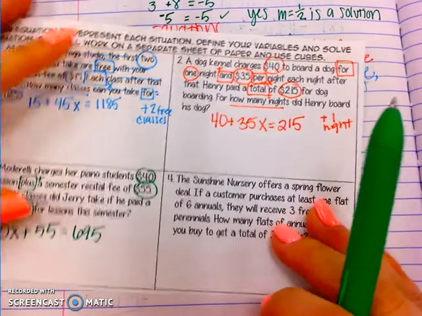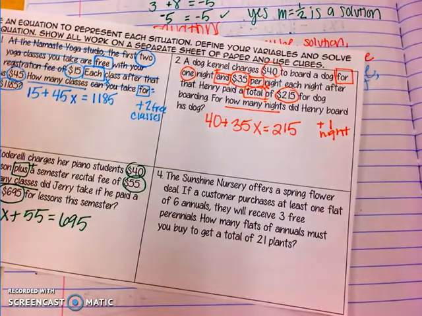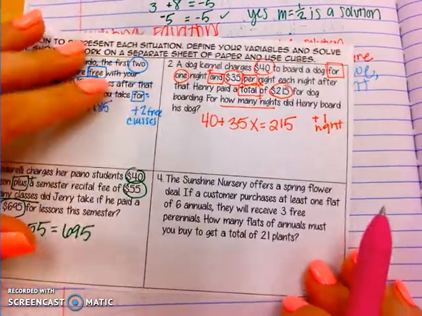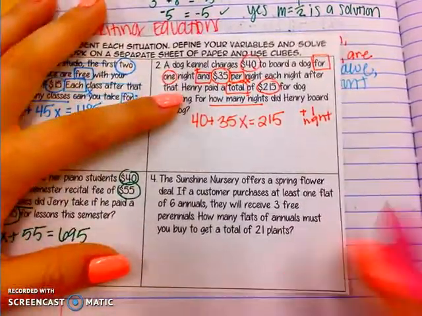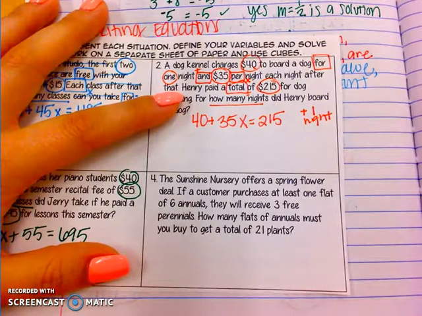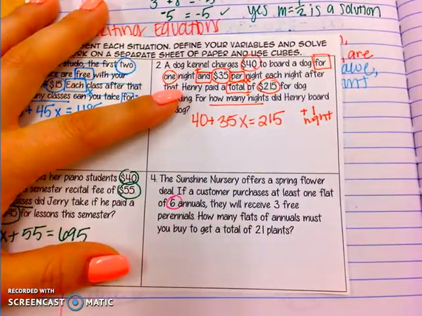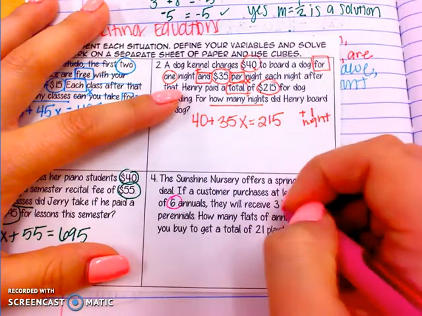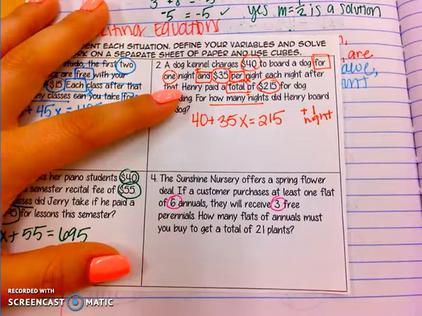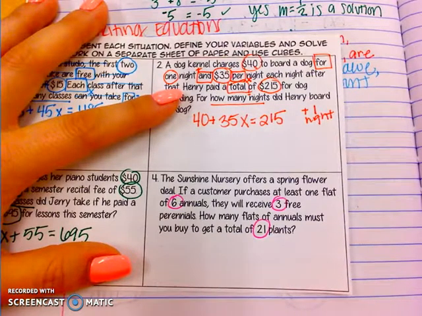Okay? And number 4, we have Sunshine Nursery offers a spring flower deal. A customer purchases at least 1 flat of 6 annuals. They receive 3 free perennials. How many flats must they buy to get a total of 21 plants? Okay.